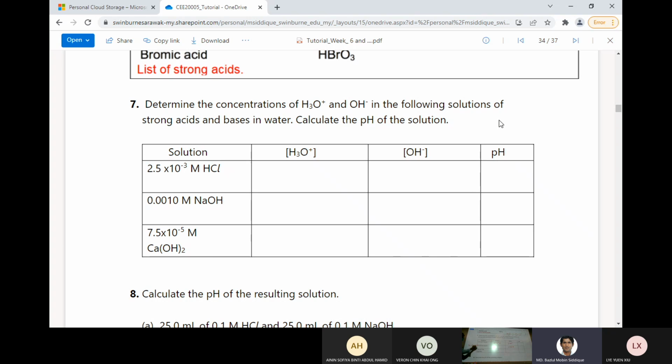If we know the hydroxyl ion concentration and Kw, we can find the hydronium ion concentration. Can we? Yes. So let's say we want to find the hydronium ion concentration, and that will be Kw over hydroxyl ion.